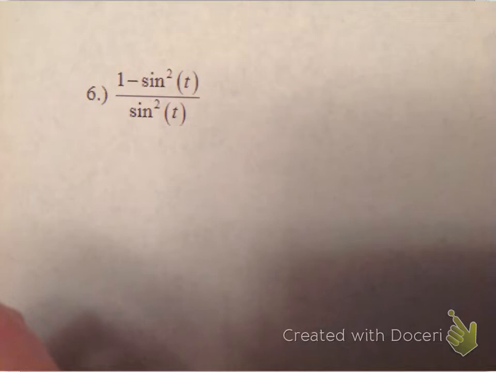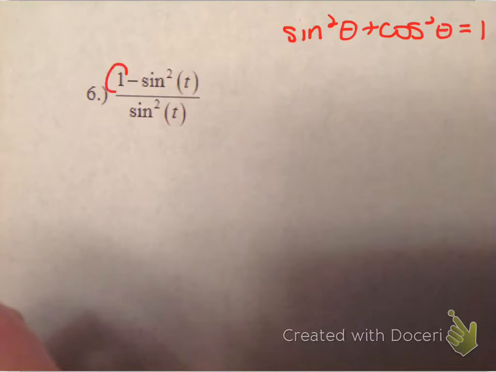The first way is that we would use our first Pythagorean identity. Remember that the first Pythagorean identity said sine squared theta plus cosine squared theta is equal to 1. So what I would do is take this 1 right here and replace it with sine squared of t plus cosine squared of t.